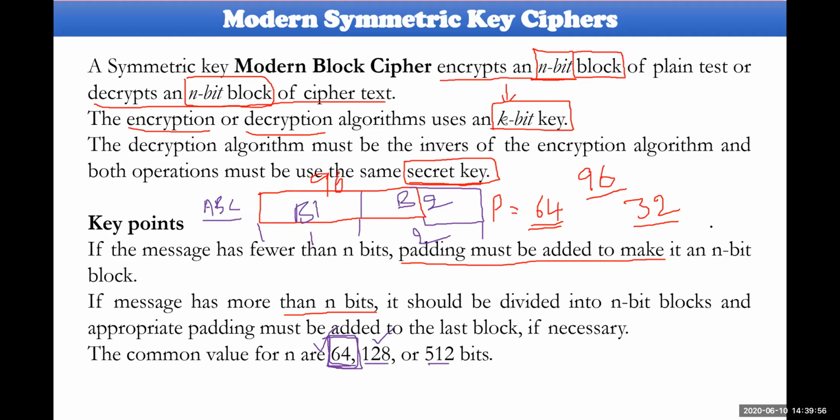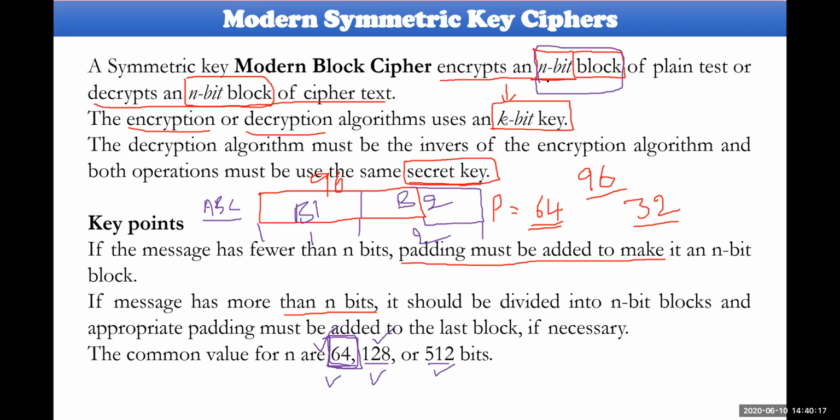So I'd like to remind you again. Modern symmetric key ciphers are always performed based on block sizes. The block size, as I have revealed to you, is either 64 bits, 128 bits, or 512 bits.